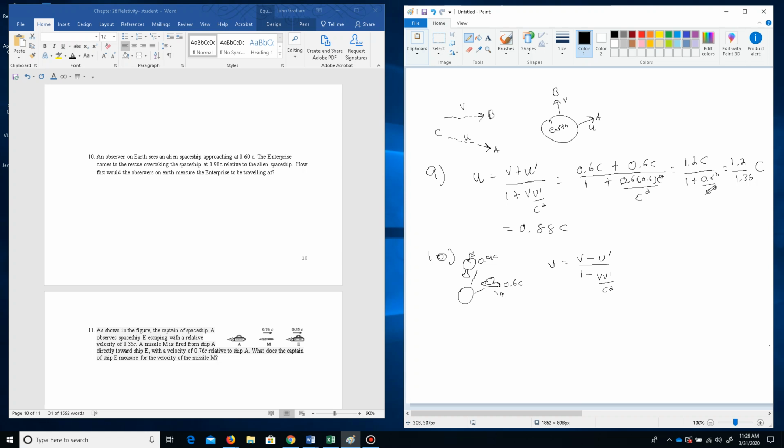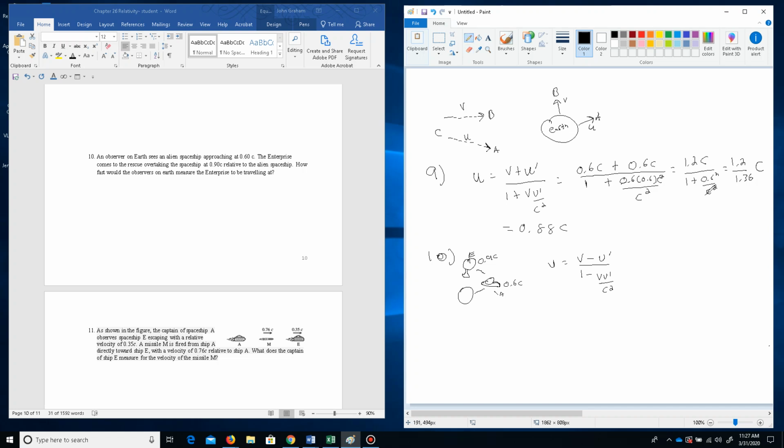Okay, so u is the velocity of a relative to b. Alright, so this 0.9, I'm sorry, I totally looked at this differently. That's what threw me off.